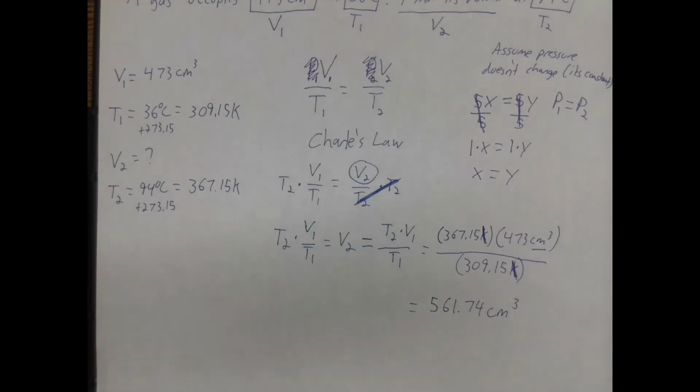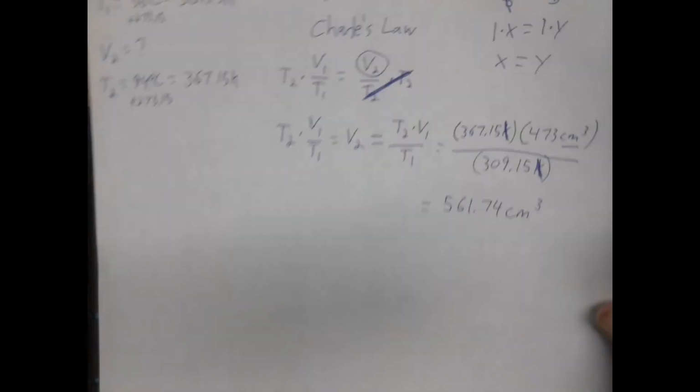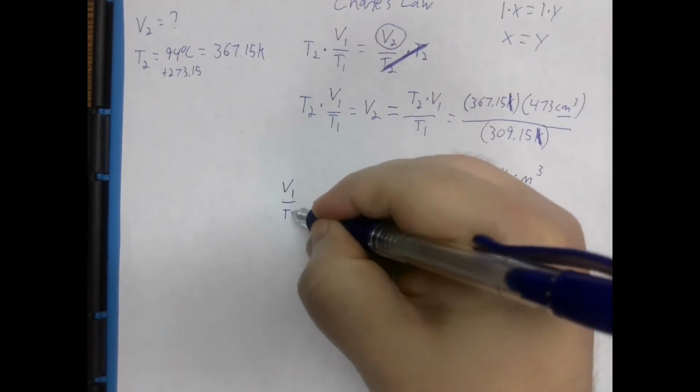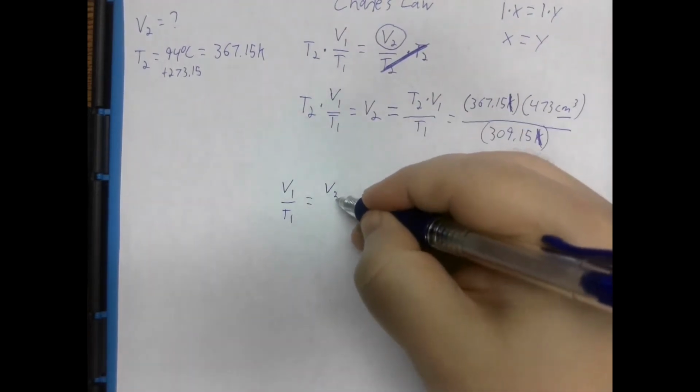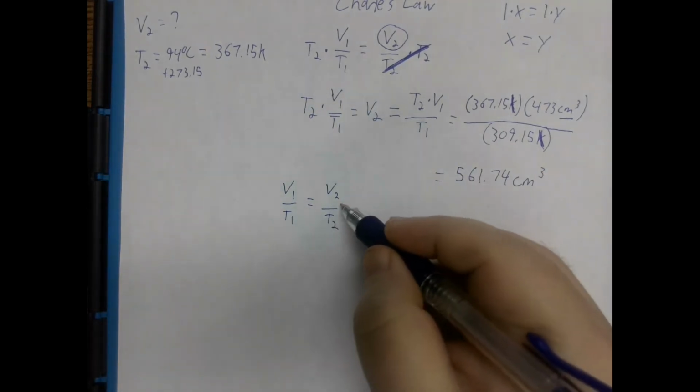So you take 400. So all you did, you can go back. What you did is you started out with V1 over T1 is equal to V2 over T2. What you did is multiply T2.